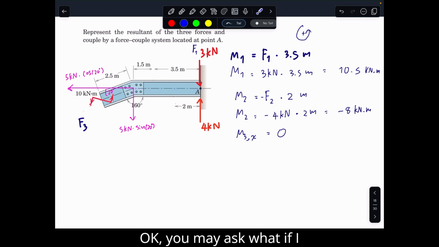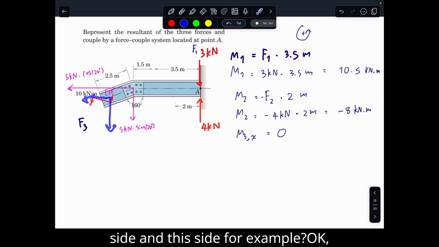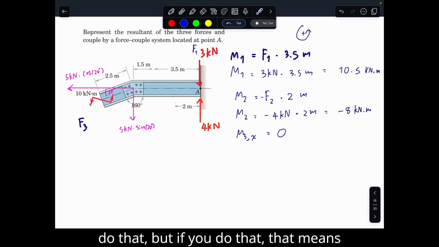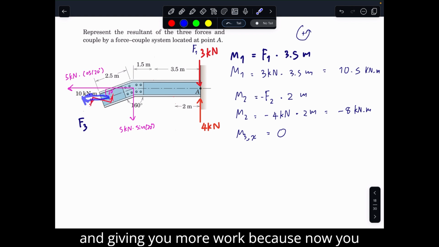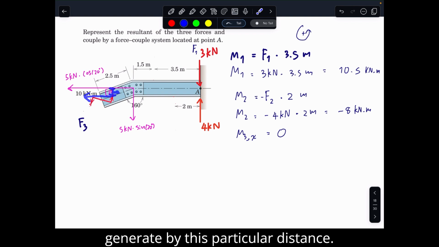You may ask, what if I distribute the force to be maybe this side and this side, for example? I say you could do that, but if you do, the force here will generate a moment, and it gives you more work because now you have to calculate the moment generated by this perpendicular distance.